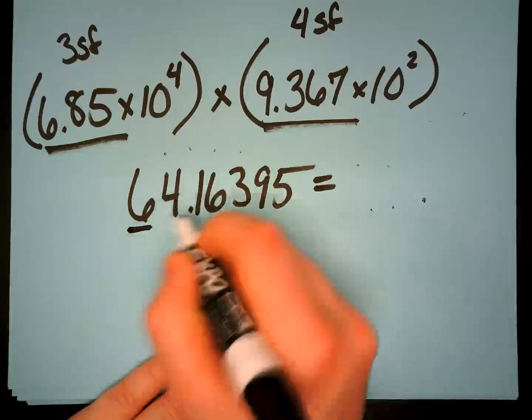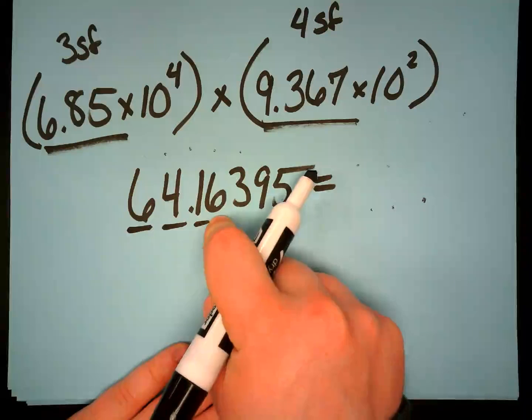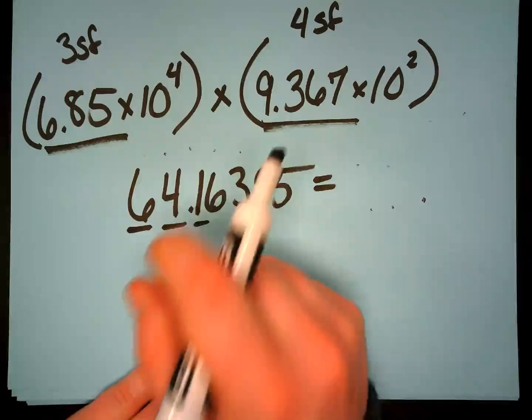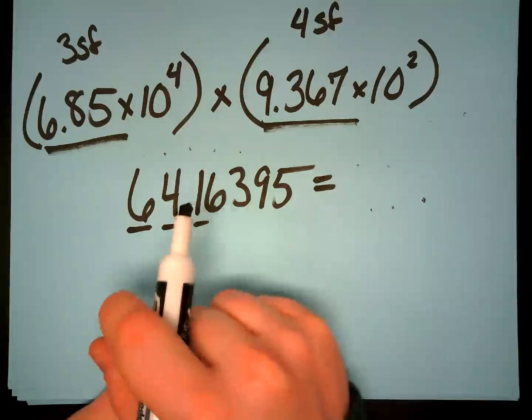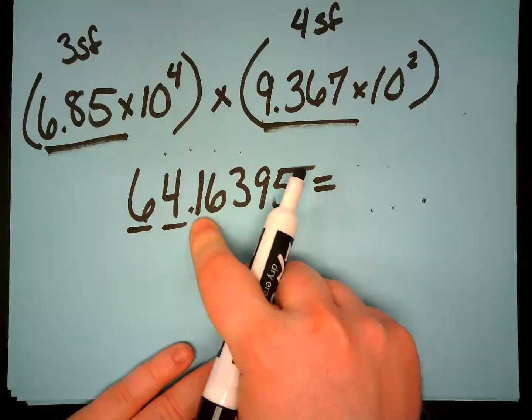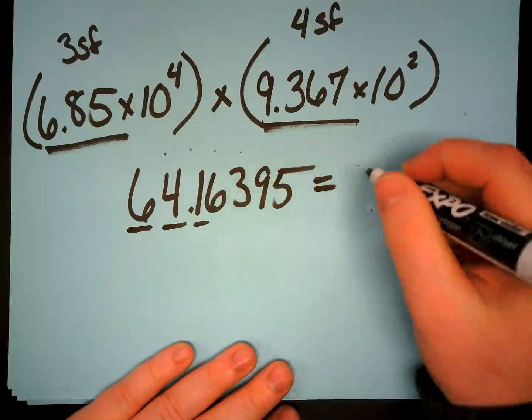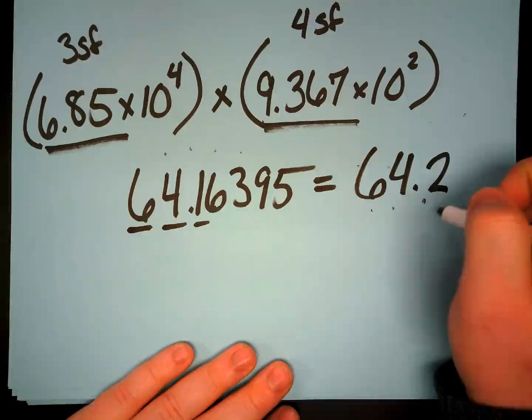It's going to be the 6, 4, and the 1. I'm going to look at what's to the right of the 1 and see if it's 5 and above, or if it's below 5. It's a 6, so in this case it is above 5. So I'm now going to round up this 1. So I should have 64.2.